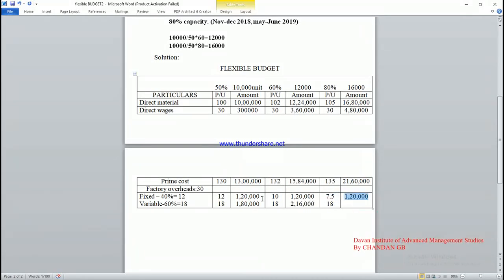Like 18 rupees into 16,000, 2 lakh 88,000 rupees. To find out the amount, per unit into units. To find out the per unit, your amount divided by units. Clear? This is the factory overheads.